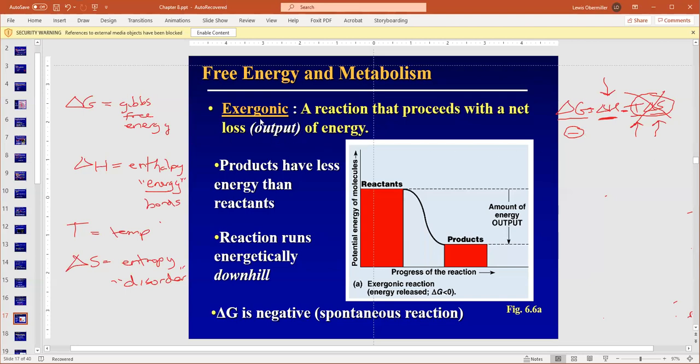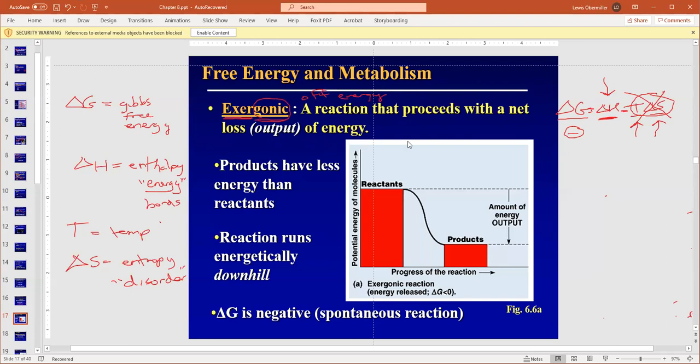Because we're not chemists, we don't use exothermic and endothermic. We use this word gonic, which refers to energy. So exergonic reactions, exo means out, so it gives off energy.